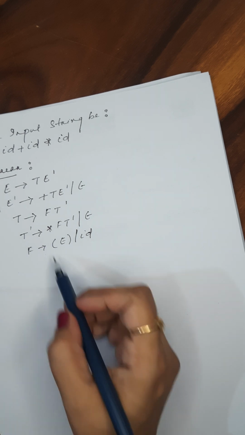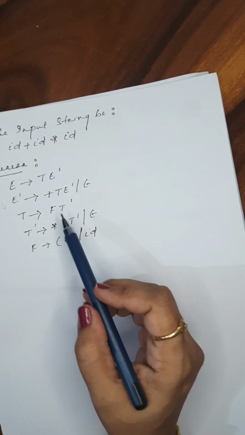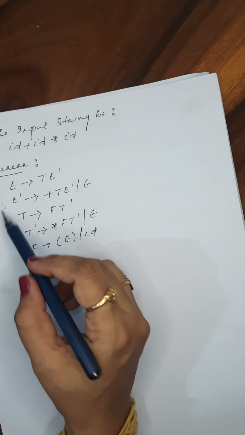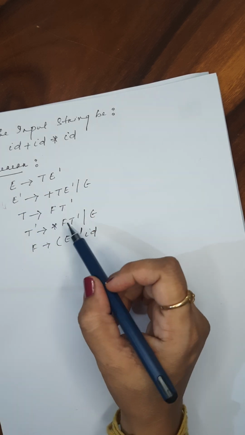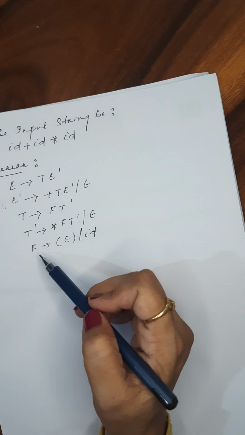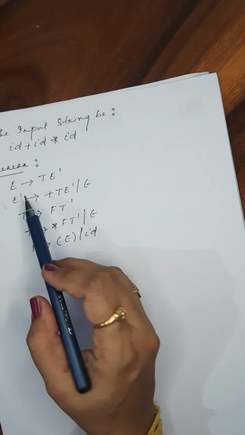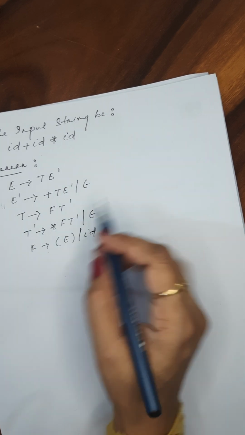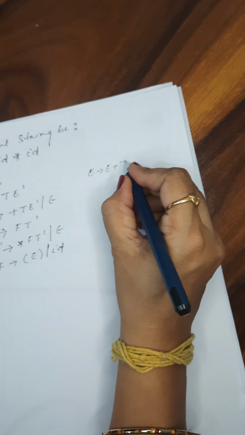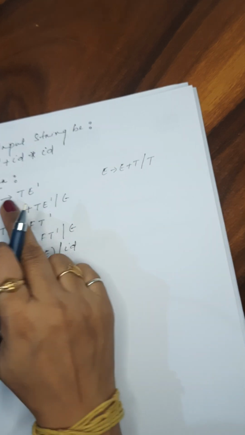Now, look at this grammar. I have already taught you elimination of left recursion. You can refer to my previous videos. After eliminating the left recursion from the grammar which was given to us, E tends to E plus T or T, we have got this grammar.